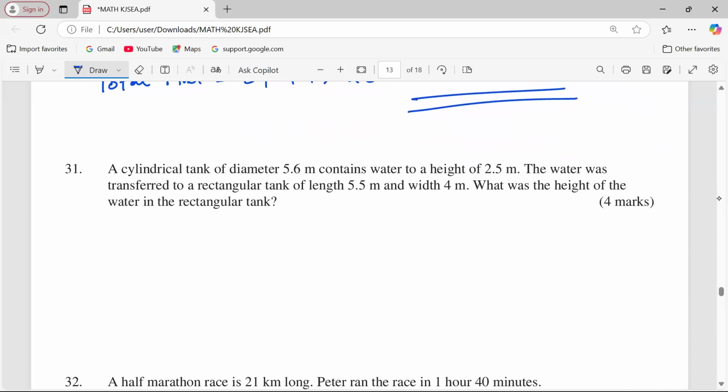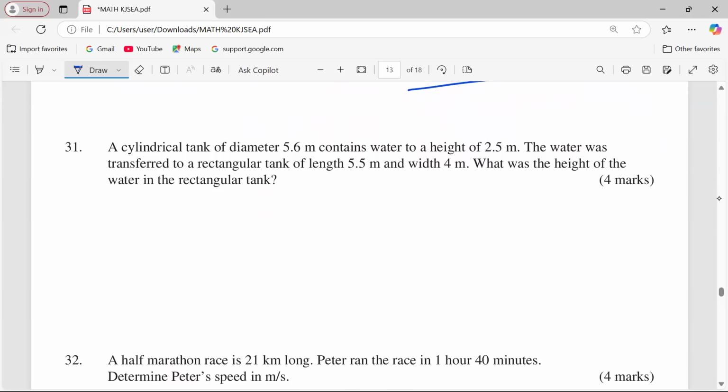That's one. A cylindrical tank of diameter 5.6 meters contains water to a height of 2.5. The water was transferred to a rectangular tank of length 5.5 meters and width 4.5.